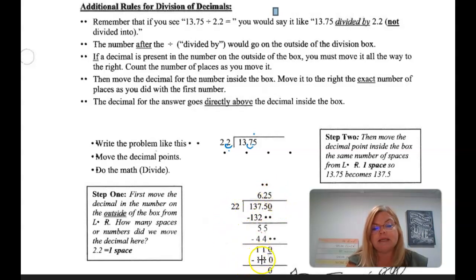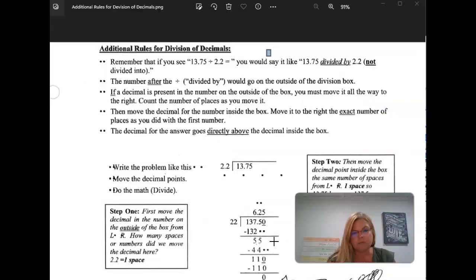So I get minus 110, and I have 0 left over. So my answer then is 6.25. Okay, so our answer was 6.25, and I had circled it here on the other one. And then the way you can check this is you can go back and you can multiply 6.25 by 22 and you will get 137.5.